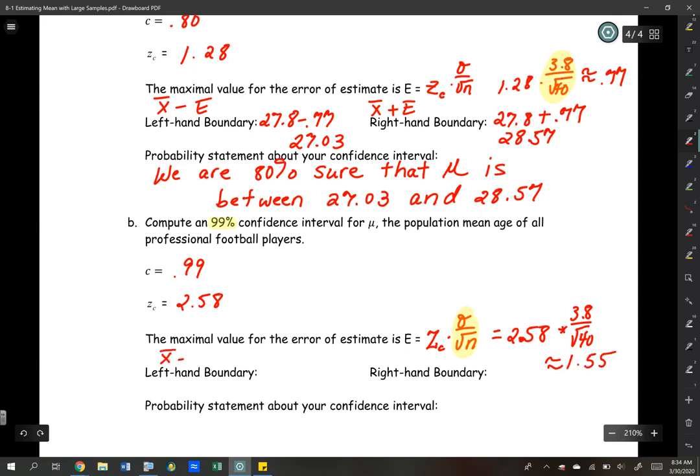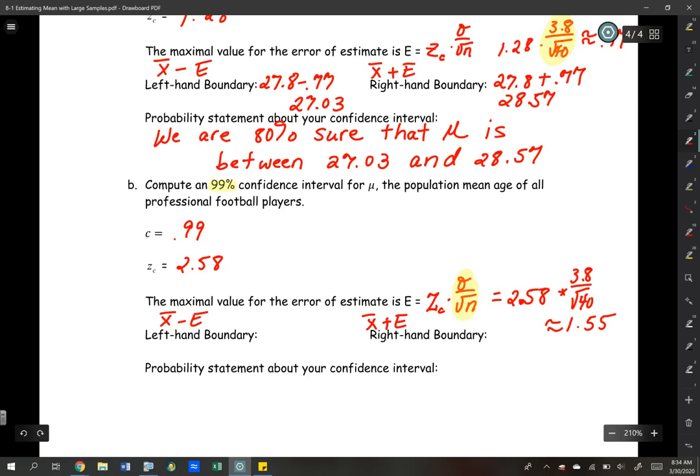Our left hand is x bar minus E, right hand x bar plus E. So we're going to get 27.8 minus 1.55 and 27.8 plus 1.55. When you use your calculator, you'll come up with 26.25, and here we'll get 29.35.